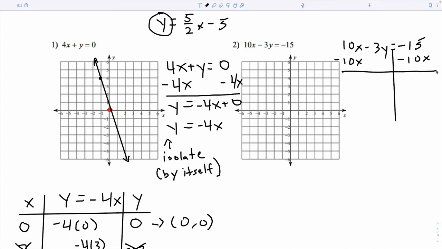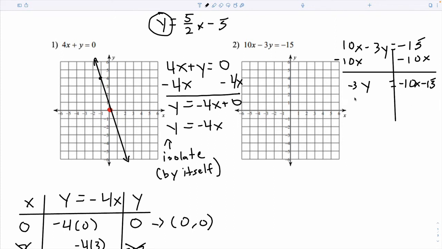And I get, ooh, it's going to be weird. Negative 3y equals negative 10x minus 15. You get in the habit of always placing the x first, even though it was negative 15 minus 10x. It's going to come in handy later to have that x listed first.